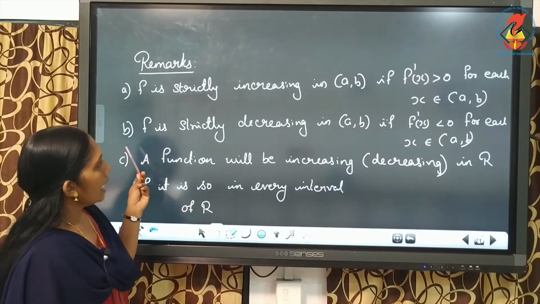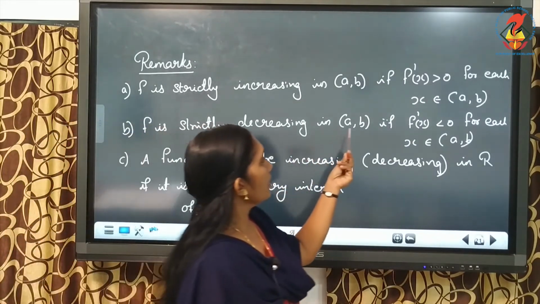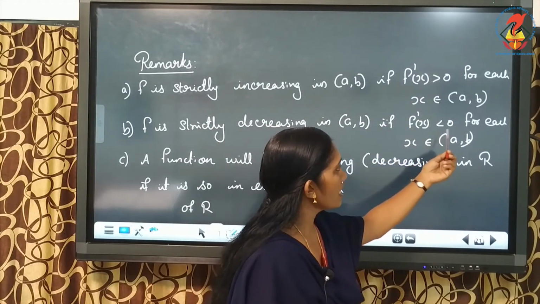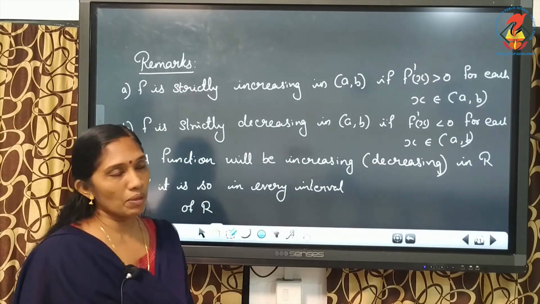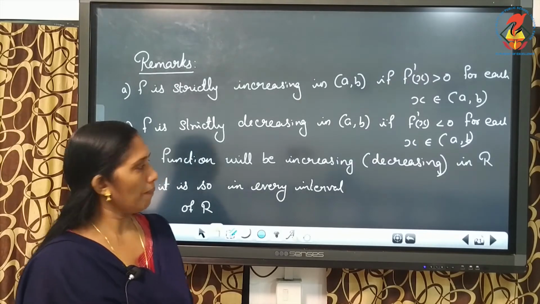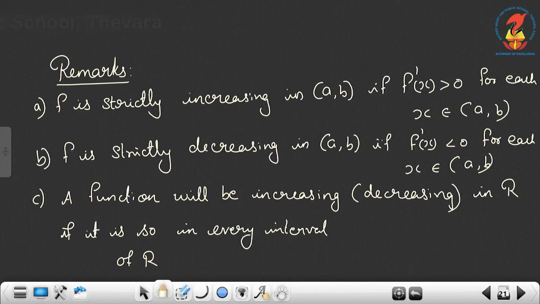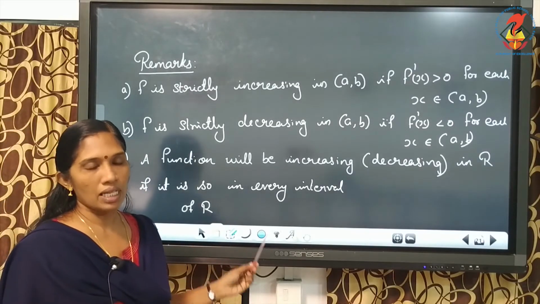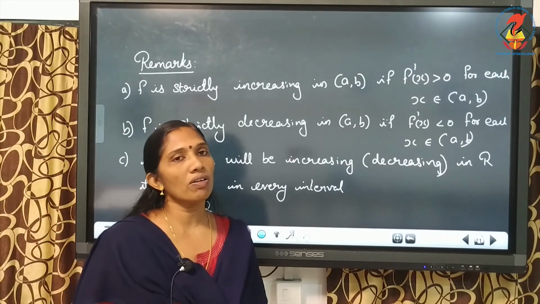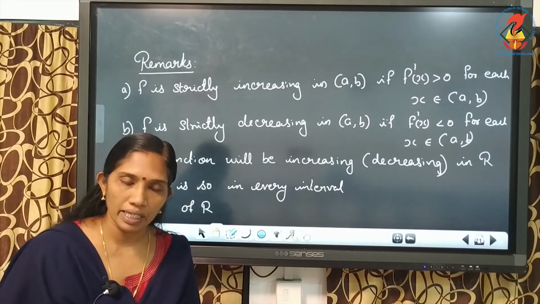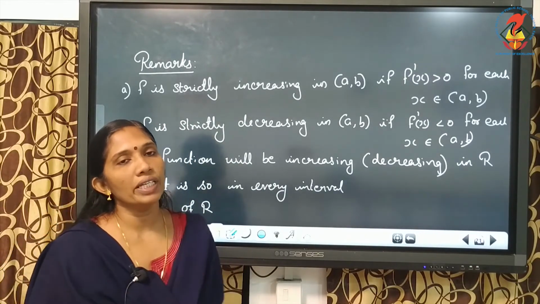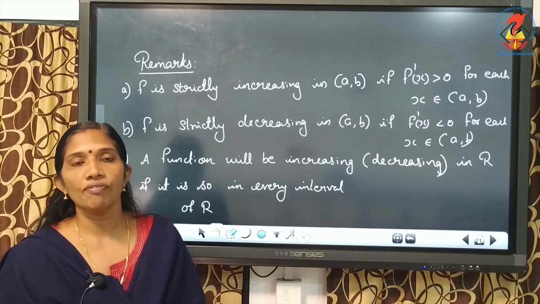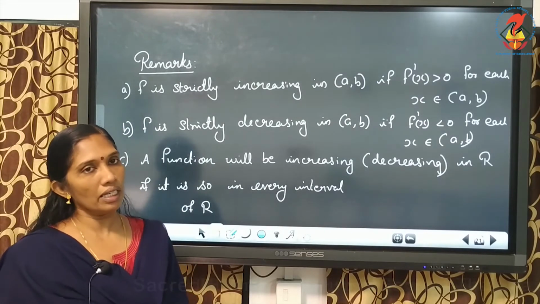Then f is strictly decreasing in open interval ab means f dash x is less than 0 for each x belonging to open interval ab. Then a function is said to be increasing or decreasing in R if it is so in every interval of R. R means the set of real numbers. So it should be increasing or decreasing in every interval of R. Then only we can say that the function is increasing or decreasing in R.